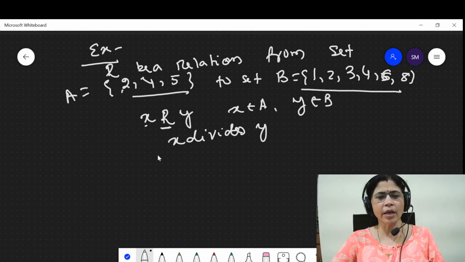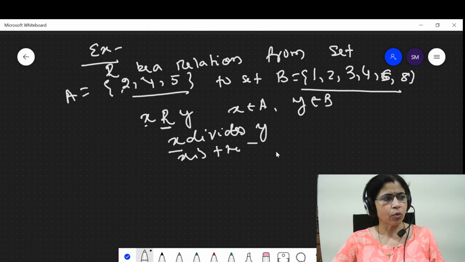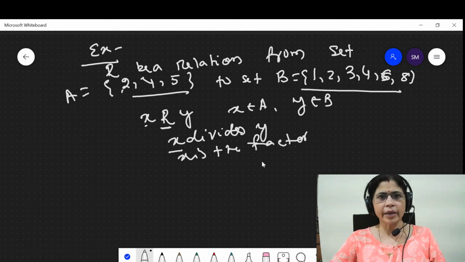This means x divides y means x is the factor of y.